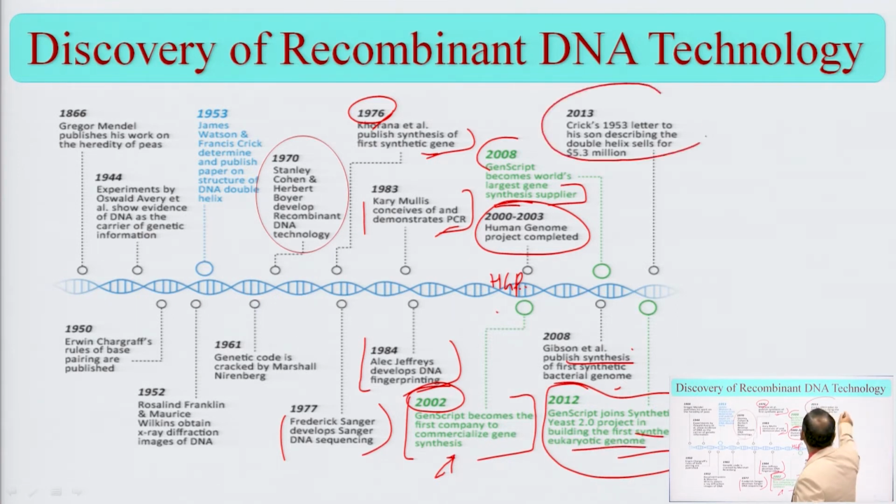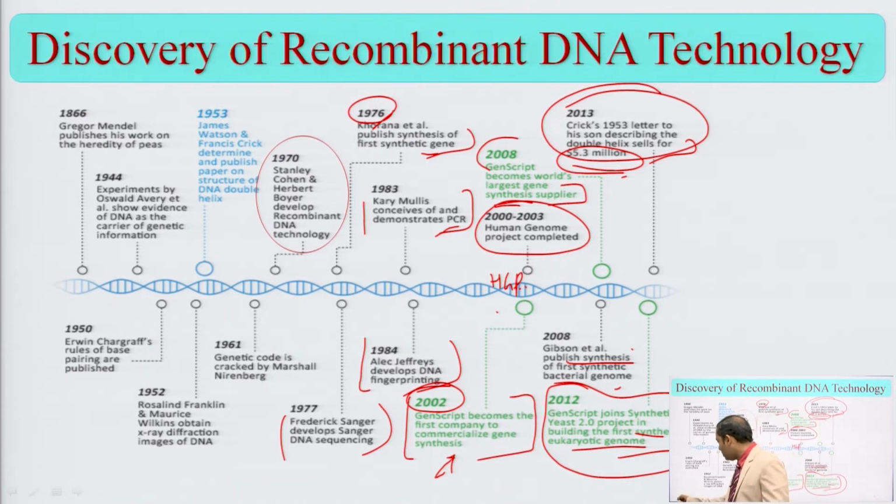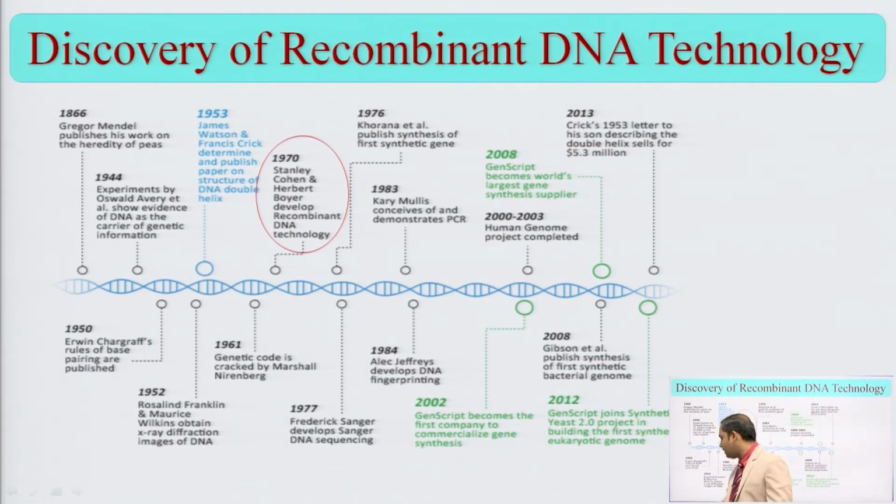See, Crick told his son about the double helix structure of the DNA in 1953. Scientists cannot publish their research because they cannot reach a conclusion without evidence.